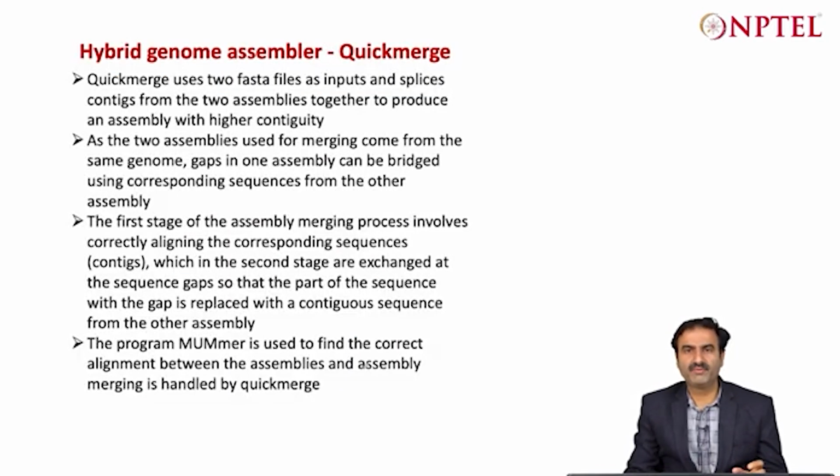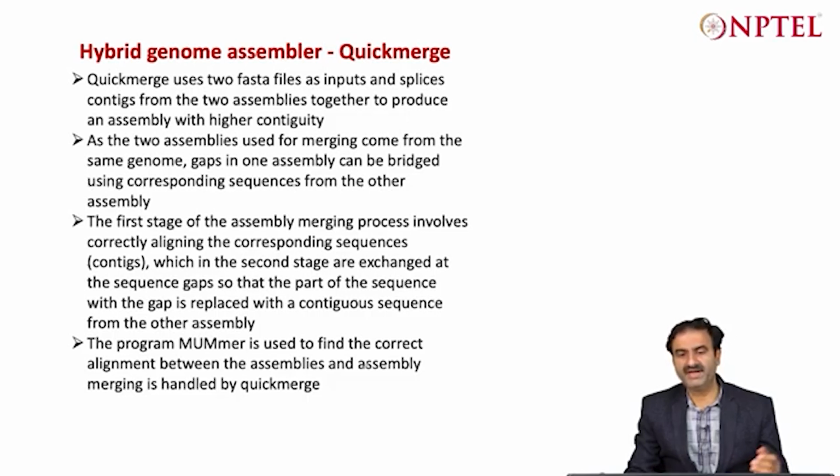Okay, so quickly, Quickmerge: what it does is find the overlap and merge the sequences. It is a way in which we can merge the short read and long read data, or basically their assemblies, together into a final genomic assembly.